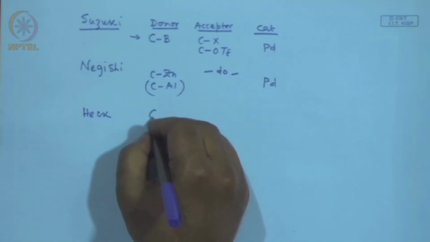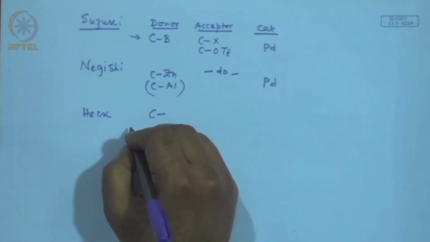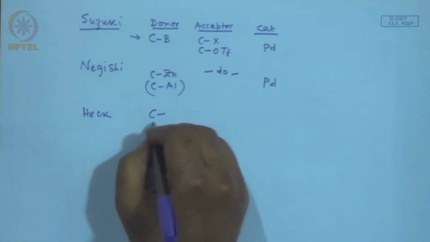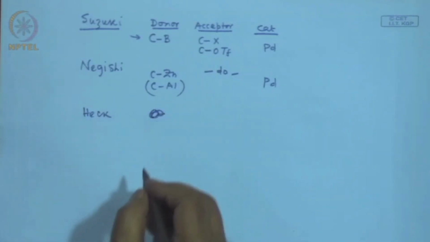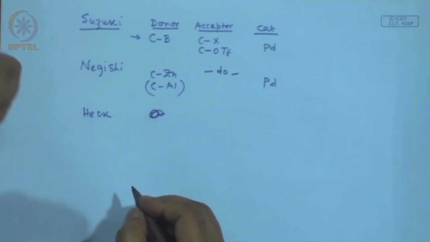What is the donor? Carbon. What is the donor? No, donor part. The donor part means the substrate that would donate these alkyl groups or aryl groups.